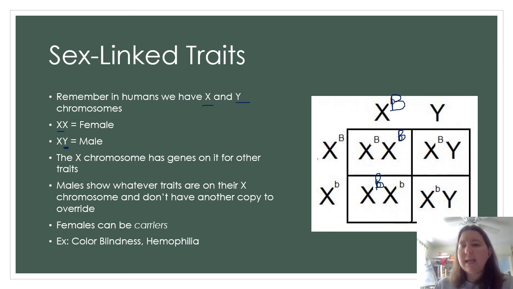So in this case, without a colorblind father, there's no possibility of having a colorblind daughter. But there's a possibility of having a colorblind son, a 25% chance. If you take all four, there's a 75% chance of having a child without color blindness, and a 25% chance of having a child with color blindness who can only be a son.